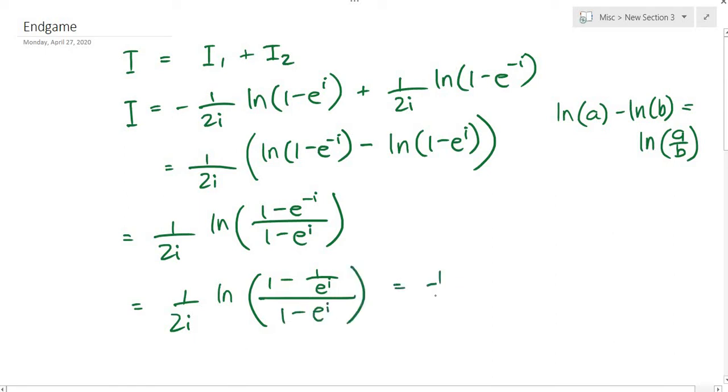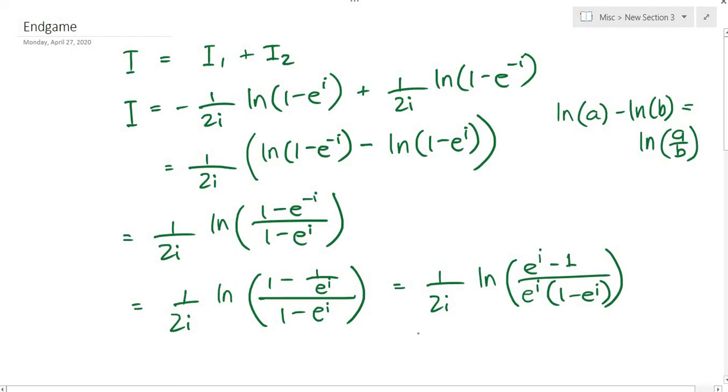We can clean this up further. 1 over 2i times the natural log, cross multiplying: e raised to i minus 1 divided by this e raised to i will come down, e raised to i times 1 minus e raised to i, our original denominator basically.